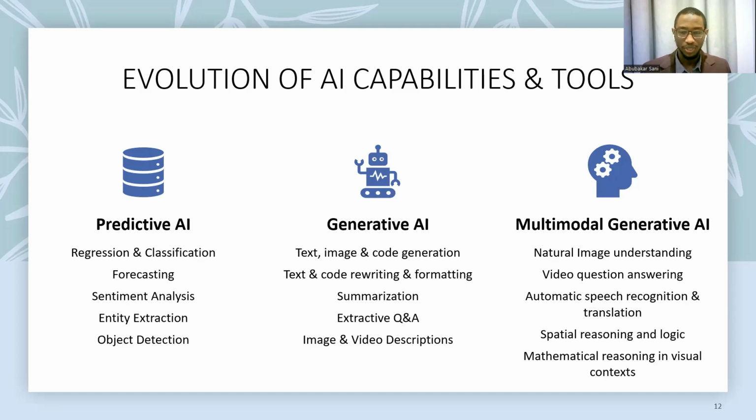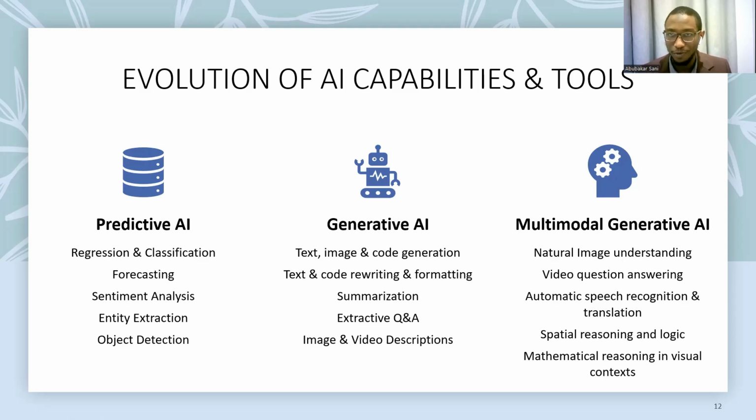Also, if you have an AI that was trained using image data, you have to provide an image as input, and you expect to get an image as output. But in the case of multimodal, during the training of the AI, we provided it with all forms of data, not only text, but images, code, and videos. So it became more powerful than the previous two.